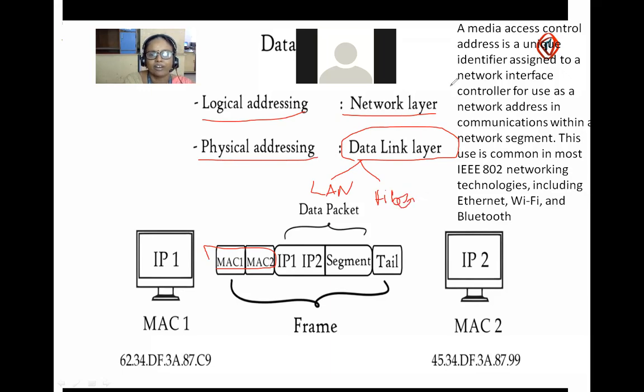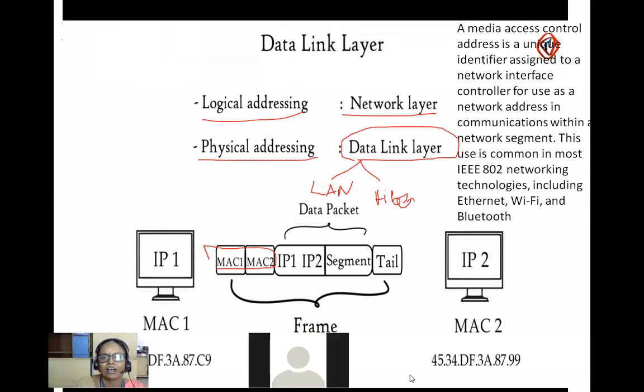Is that clear? Now you have to understand the full form of MAC: it is the media access control address. Mainly the network interface controller is used to assign this media access control address. With IEEE 802, we all know that we do this communication using standards, whether it is through Ethernet, Wi-Fi, or Bluetooth, and it will check at which media access this will be done.